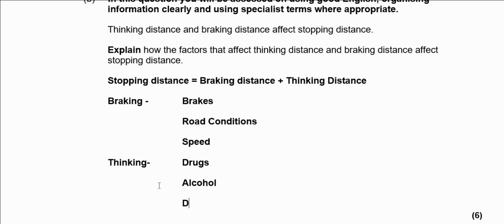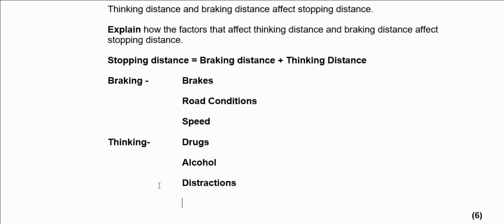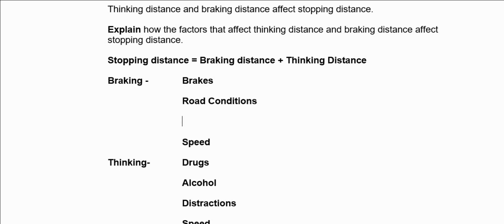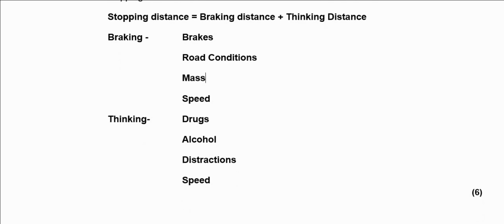We also have distractions. We also have speed. Removed one more from braking, and that was the mass of the vehicle. Is this all of them? Well, no, I know I'm missing some, but I do have a good variety of different options here to talk about, and they affect the braking and thinking distances in different ways.